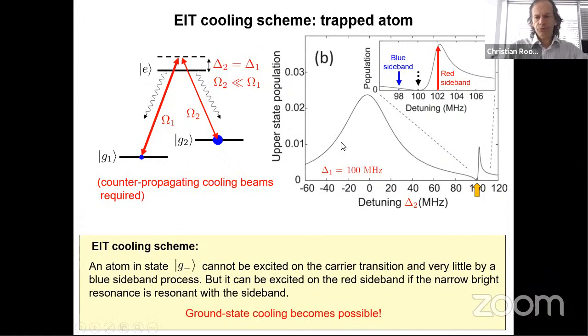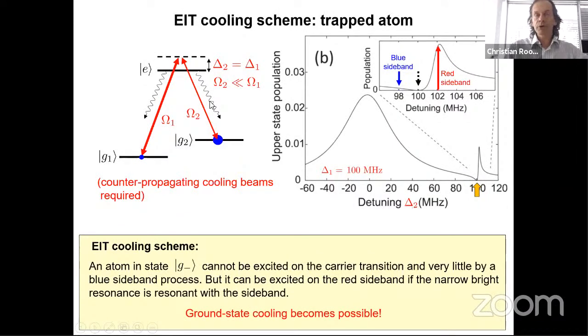It is possible now to set the lasers such that you suppress the excitation on the carrier transition, which would otherwise occur if it weren't for this dark resonant condition.